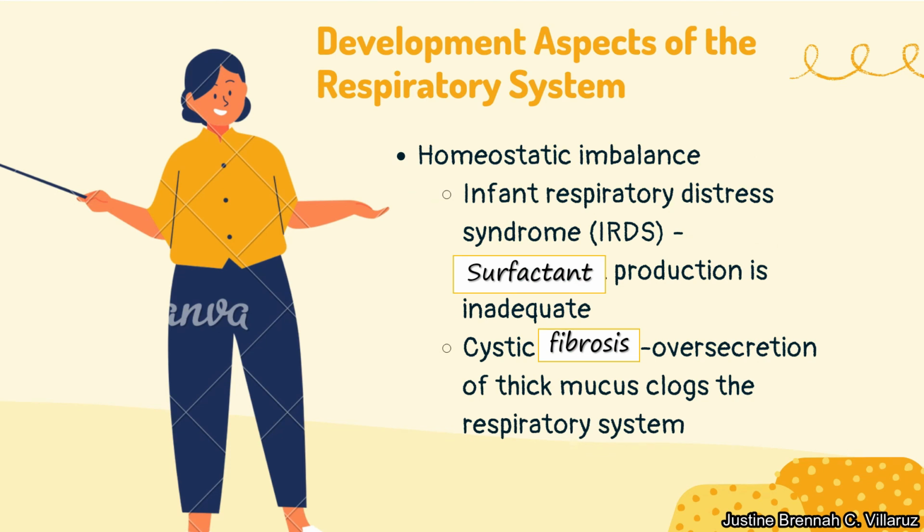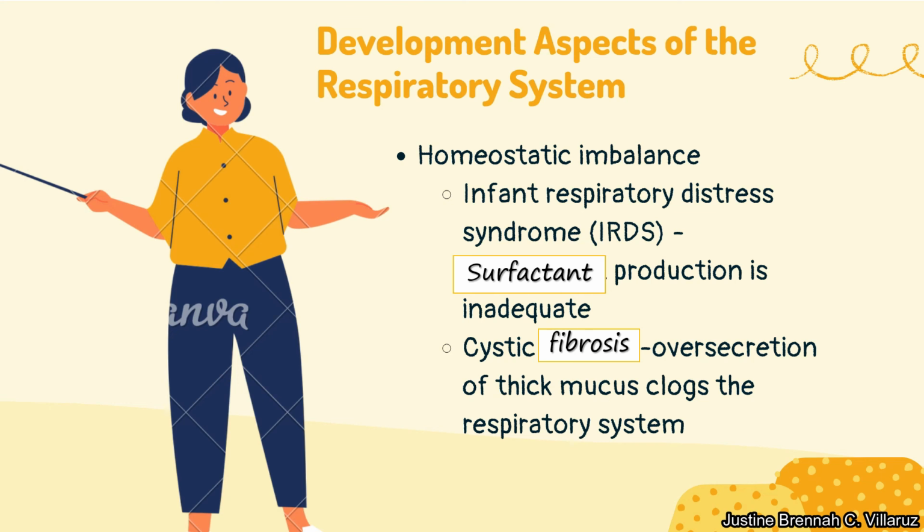Homeostatic imbalance. It occurs when cells in the body experience a deficiency, such as nutritional deficiencies that result from an unhealthy diet, or when cells are exposed to influences such as aging and genetics.